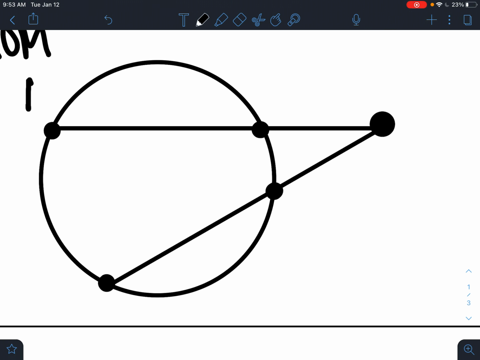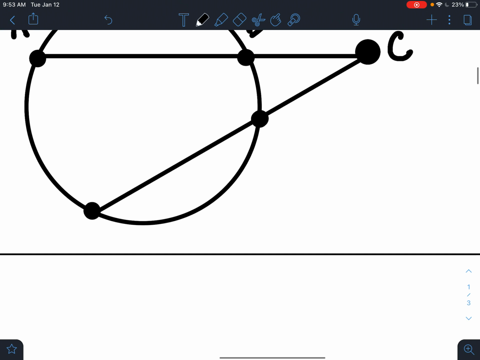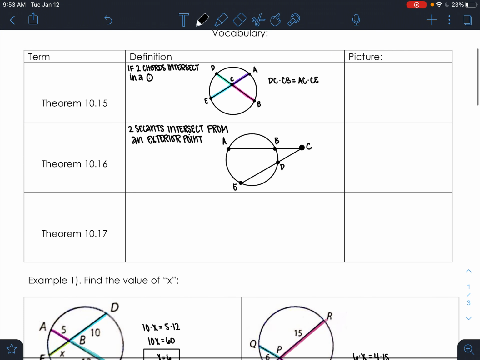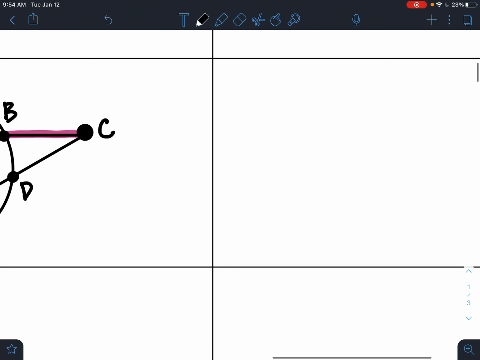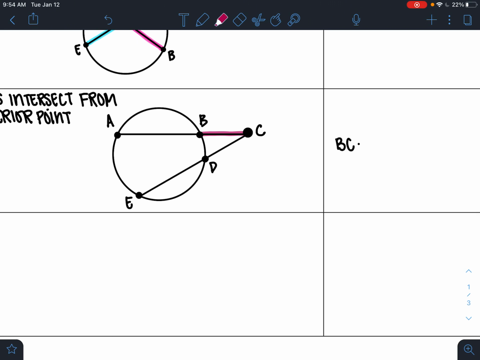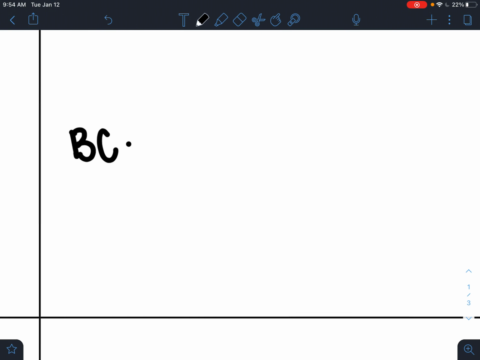Let's go straight across here: A, B, C. Then we go down to D and then over to E. Here's the key, and it's a common mistake, so I'm telling you ahead of time. We take this exterior segment BC, and then we have to multiply it times the entire segment AC.